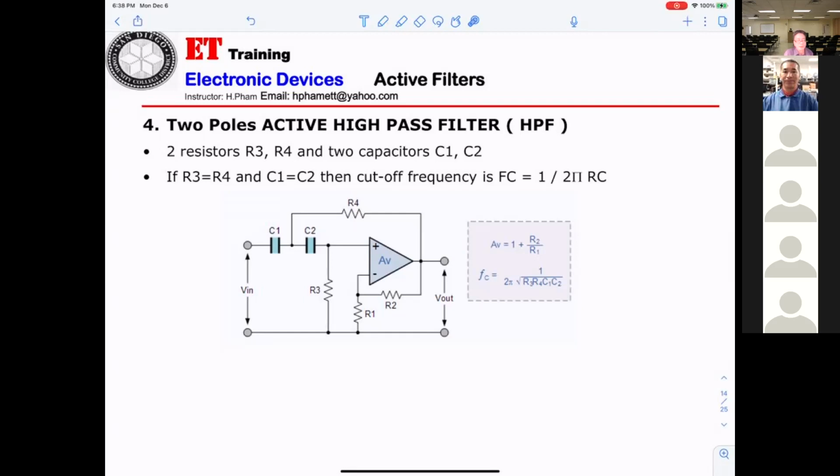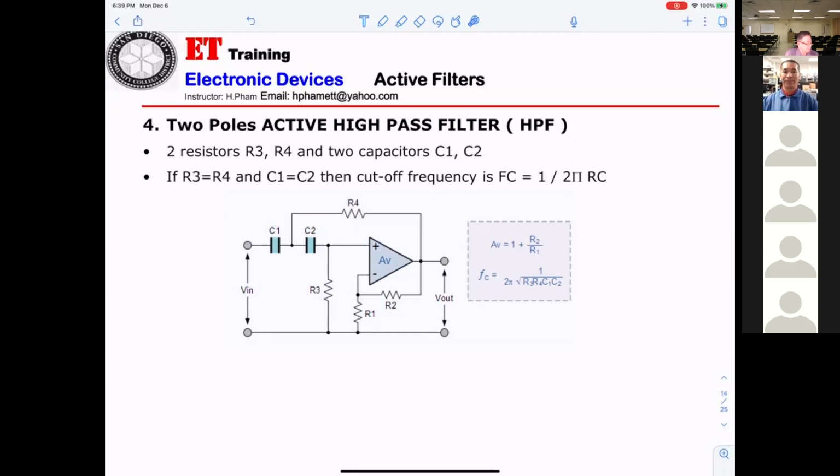You can see the formula for the cutoff: one over two pi times the square root of R3, R4, C1, C2. It doesn't matter whether R3 goes with C1 or R4 goes with C2. That doesn't make any difference.